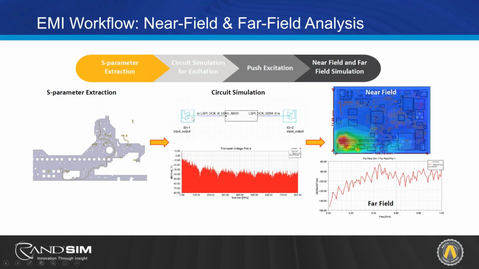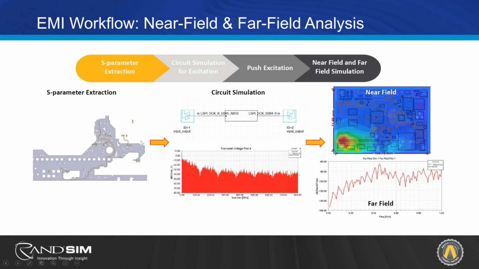What it's simulating is a bit pattern, or effectively the clock pattern that is being driven by this oscillator, so the frequency, jitter, all of the parameters that are associated with the signal. You'll solve it within the circuit simulation, and then you'll push that excitation back into SIwave.